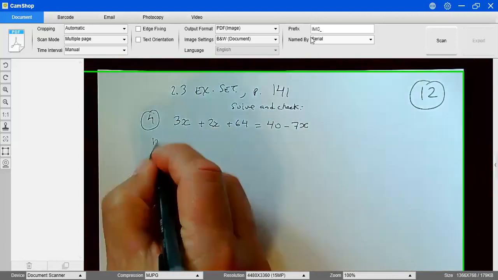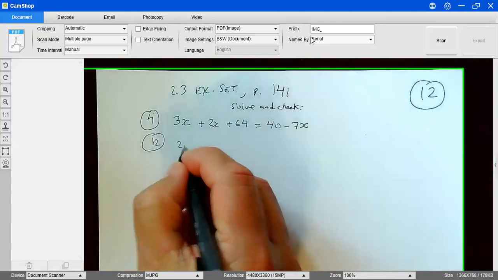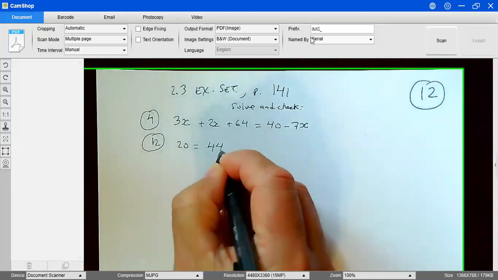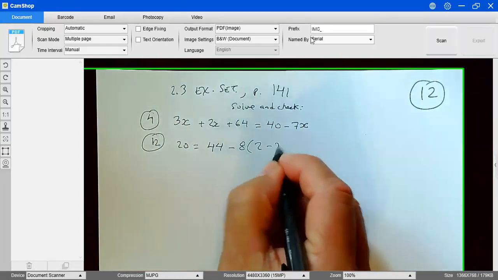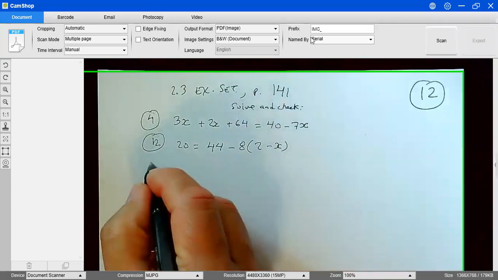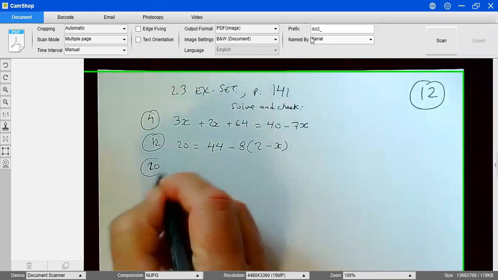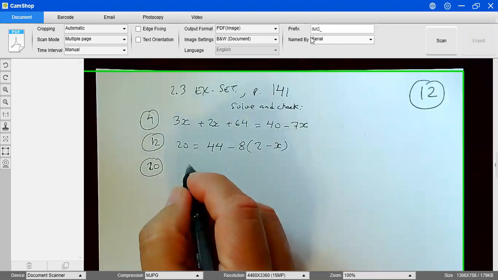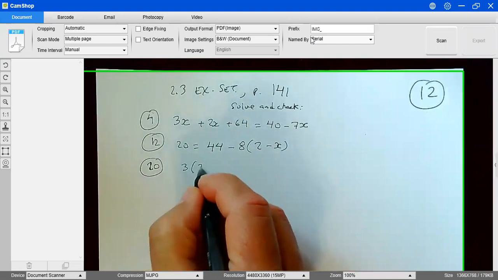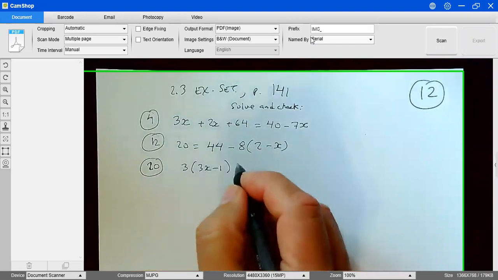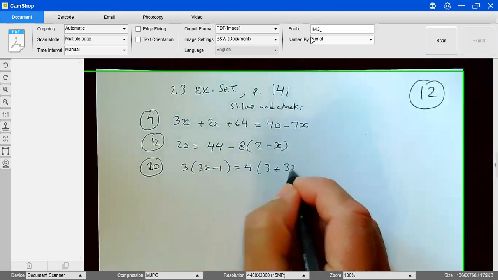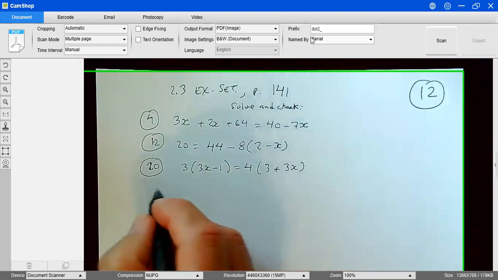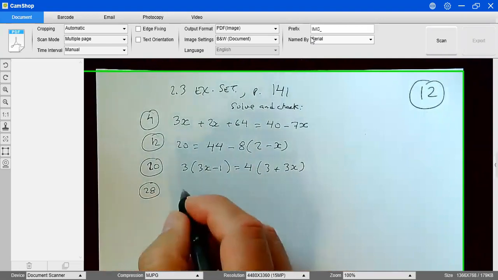Then we have problem 12 is 20 equals 44 minus a that multiplies 2 minus x. Then problem 20 is 3 times 3x minus 1, and this is equal to 4 times 3 plus 3x.